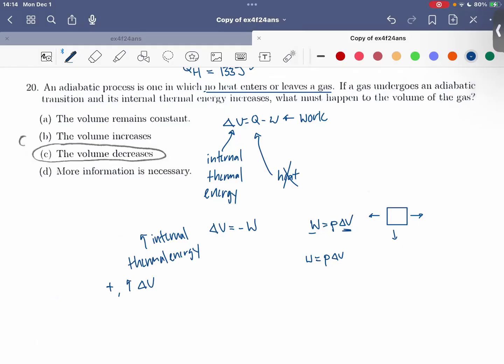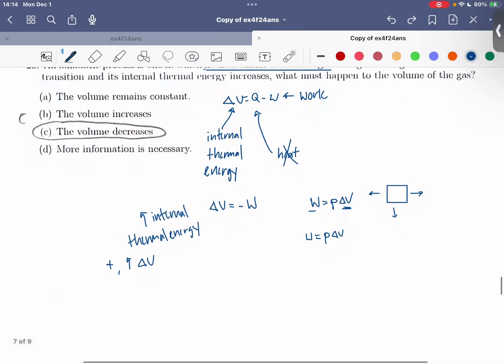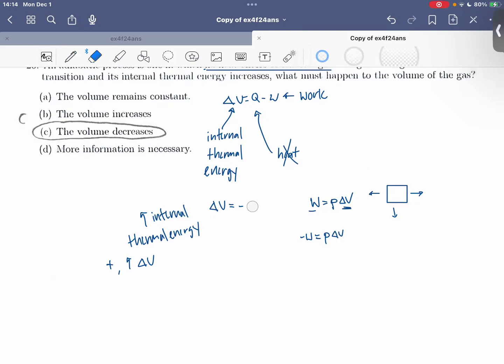And so the only way to get a positive delta U is to make this thing on the right side of the equation positive also. And since we have work is equal to pressure times delta V, the simplest way to make work negative, and so if we want to make work negative, we'll have two negatives, right? So it'll be a positive.